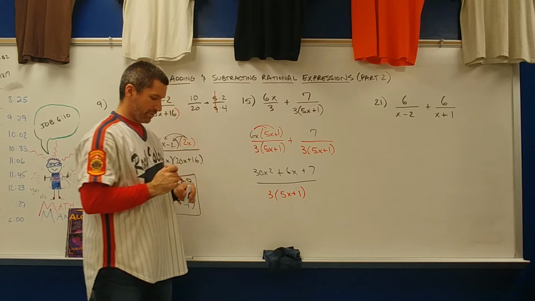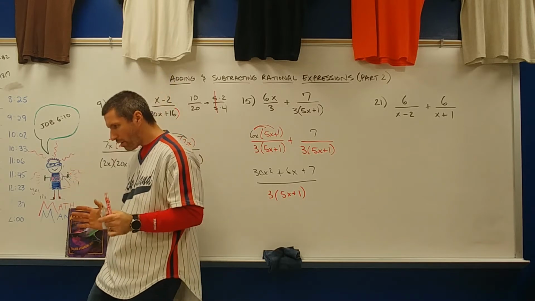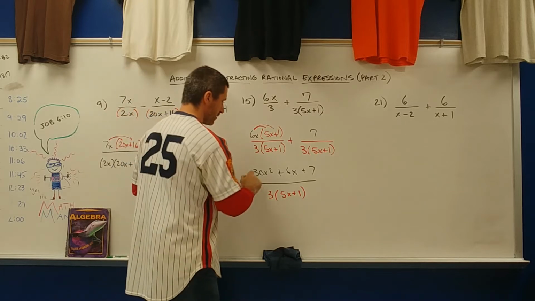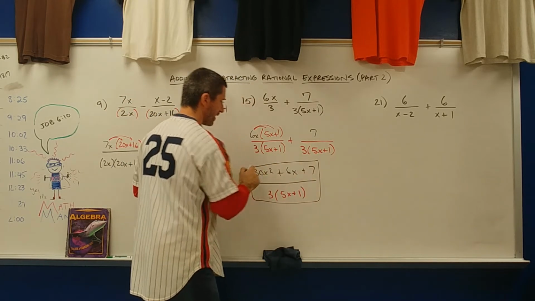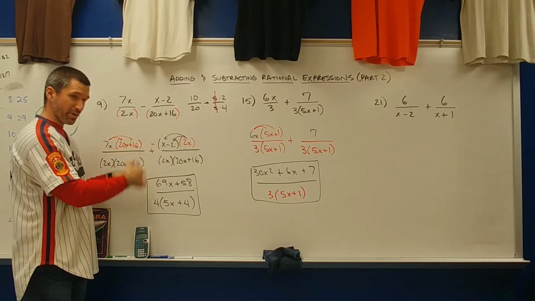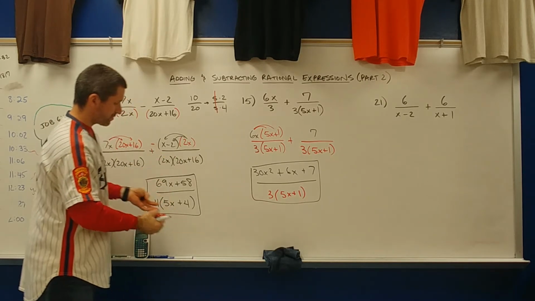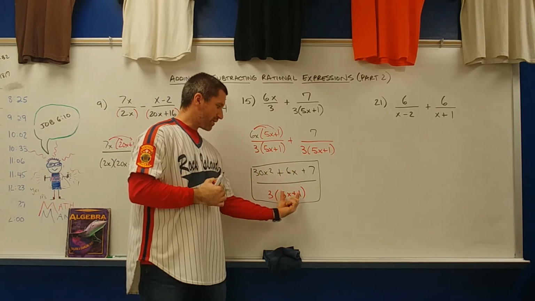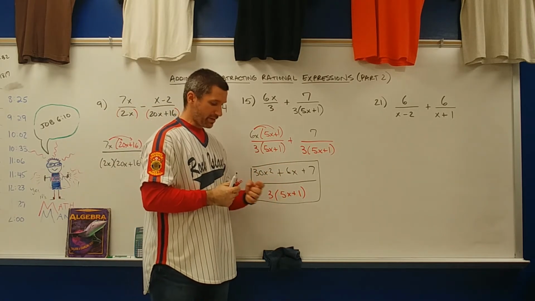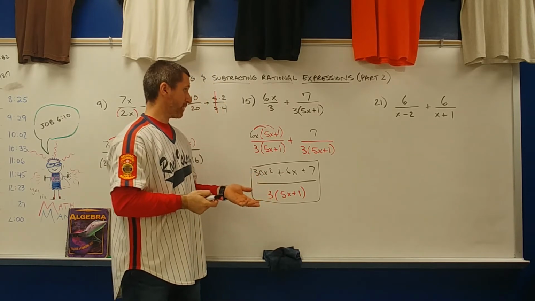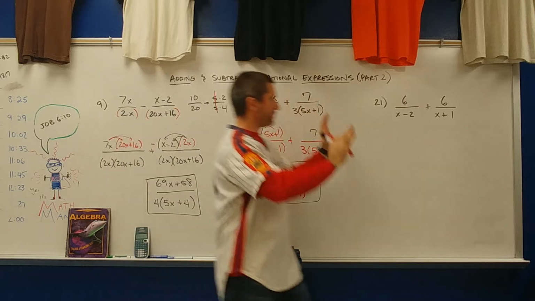Now, if you take a quick peek at the answer key like I did, that's exactly what they have right there. You always want to check, though, for cancellation like we saw back here, when the 2x's canceled. You'd look to factor this quadratic, see if you could get it to cancel with this 5x plus 1. It's not going to happen, but it's always a worthy pursuit to try to do that. Okay? All right, let's go over to 21.